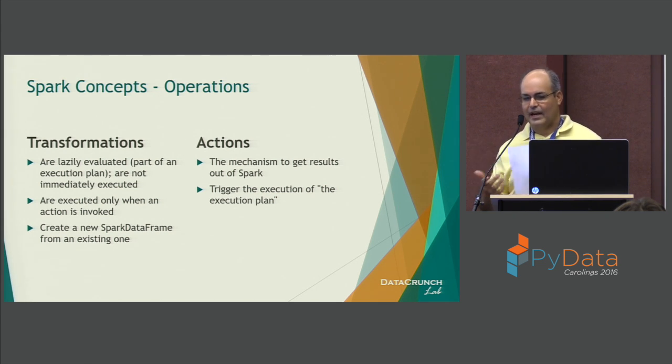Only when an action is triggered, and that's the other type of operation, only when an action is explicitly requested, the transformation code is actually executed. And obviously, we create a new SparkR DataFrame from an existing one. The actions, as I mentioned earlier, are the main mechanism for Spark to get results, and they are what triggers the execution of the transformations.